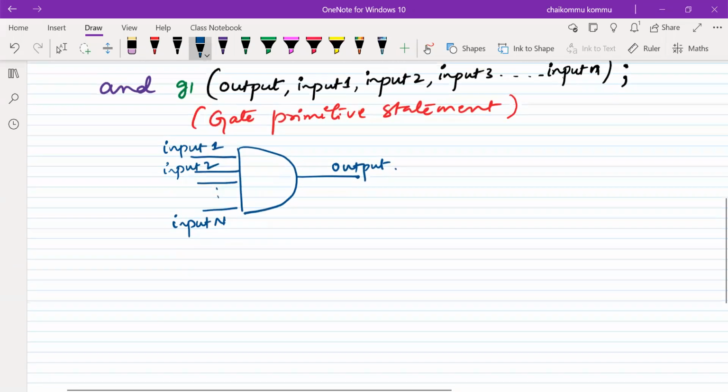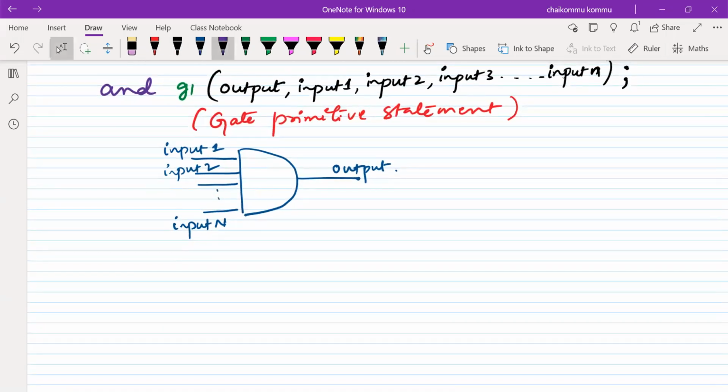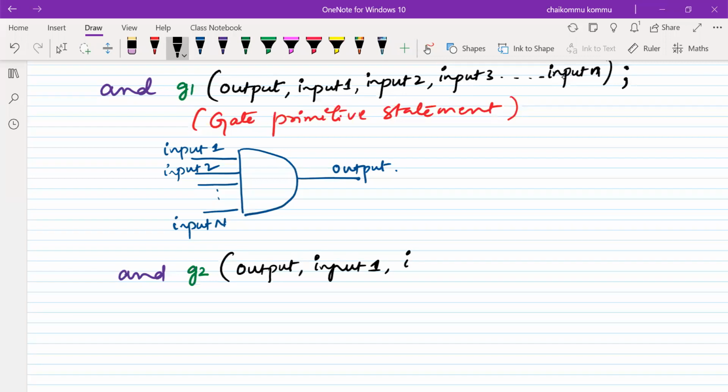For example, if you want to use a 2 input AND gate, and this is gate number 2, then only two inputs I consider: output, and then input 1, comma, input 2. So that is how I can write it. It is actually a 2 input AND gate.